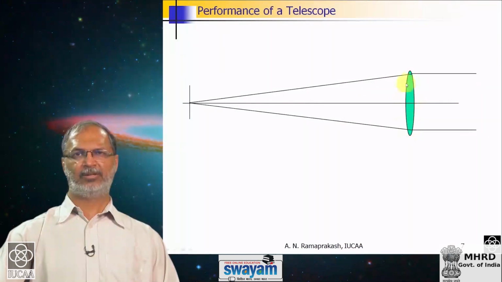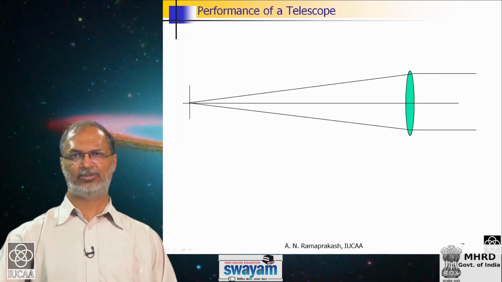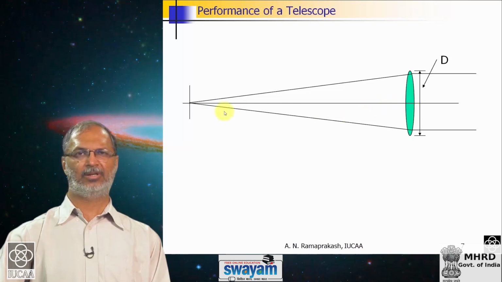I represent here with this lens, and this lens is an effective telescope. Let us assume this represents a whole telescope. Now, the rays from the star, a distant object at which the telescope is pointing, are arriving in this direction, and from elementary ray optics, which many of you have studied, you can show that all these rays will converge to a point on a plane at a distance of the focal length of the lens.